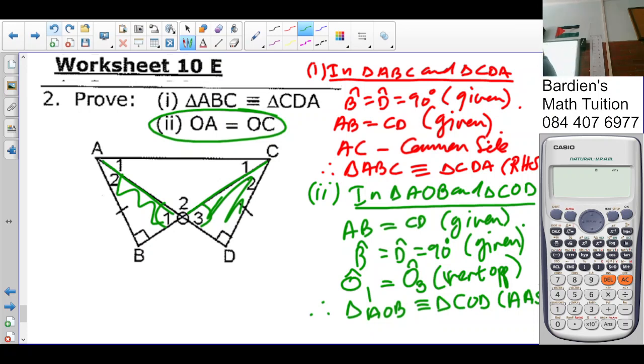So now we can say therefore AO is equal to CO or OC. Does that make sense? Why? Because triangle AOB is congruent to triangle COD. Again, this is not needed.